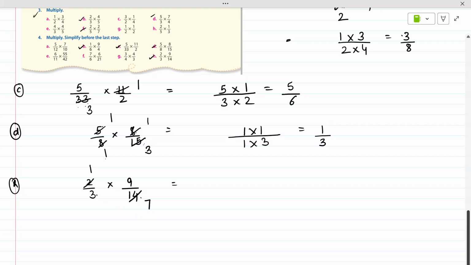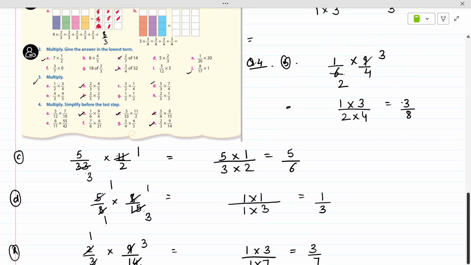And 3 and 9, they also have common factor 3. 3 into 1, 3 into 3. So in the numerator, we have 1 multiplied by 3. Denominator is 1 and 7, 1 into 7. So the answer will be 3 by 7, which is a reduced fraction also, and the product of these two fractions. So kids, like this, you have to pick the other questions as homework.